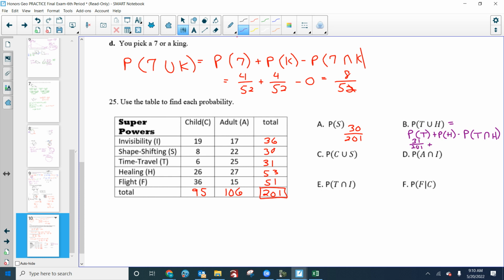P of H, 53 out of 201. There's nothing on it that has a T and an H, correct? So we're just going to add those together and get 84 out of 201.